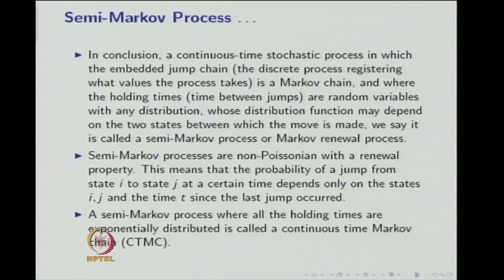In conclusion, in a continuous time stochastic process, the embedded jump chain, which is nothing but the discrete process, registers what values the process takes. So, the embedded jump chain is a Markov chain.